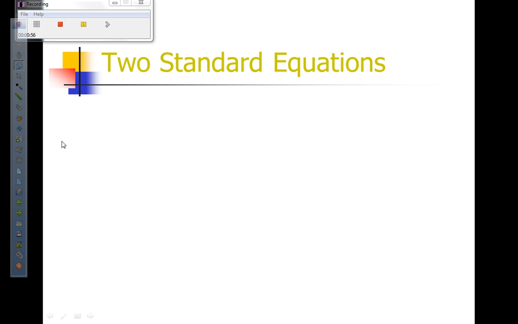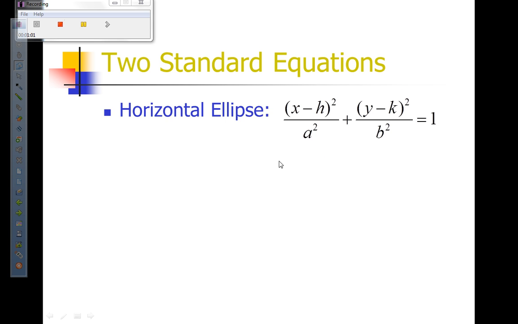Now, we're going to look at two forms of the equation. Our first form here is a horizontal ellipse. Here we have x minus h squared over a squared plus y minus k squared over b squared.